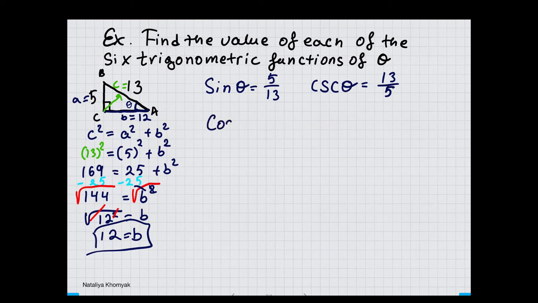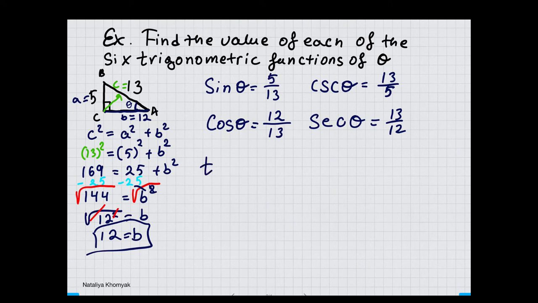Then we have cosine of theta. Cosine is the adjacent, which is 12 out of hypotenuse, 13. Sine, cosine, and tangent, they are just calculating ratios of sides. Once you know what cosine is, you know what the secant is. Secant of theta is, you just flip the fraction for cosine, 13 out of 12.